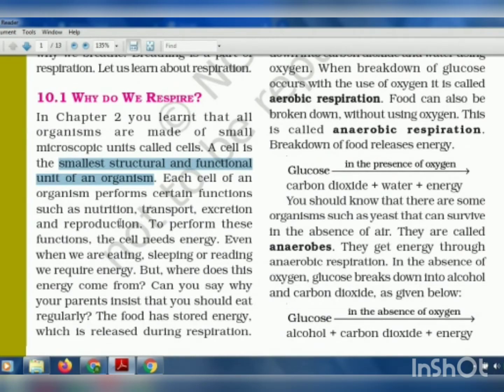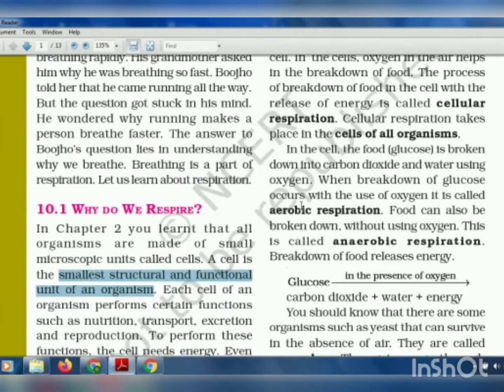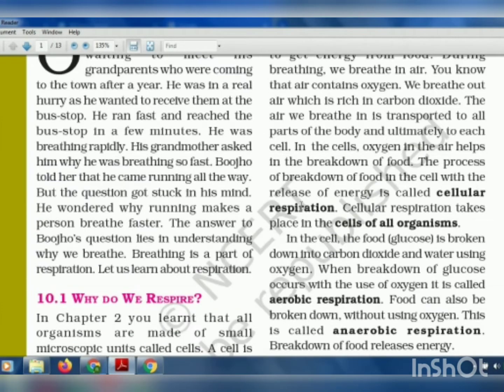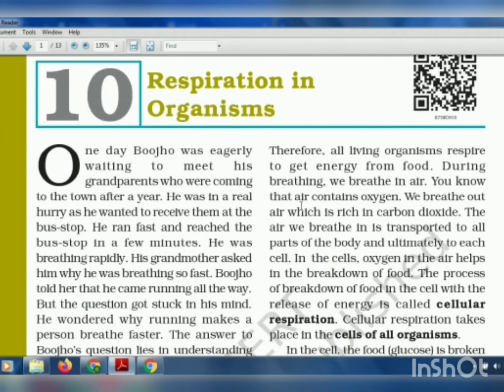When the oxygen reacts with glucose, the food stored in our cells in the simple form, they produce energy. Therefore, all living organisms respire to get energy from food. So we do the respiration process to get energy from the food that we eat.